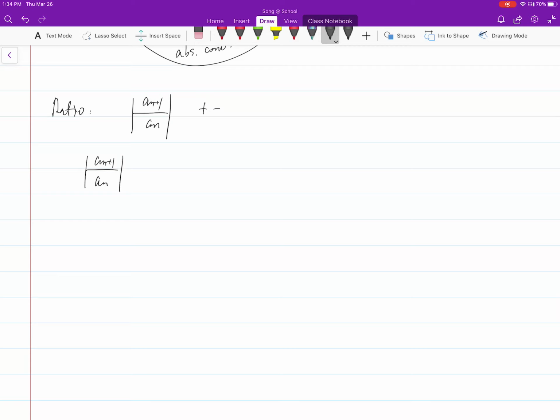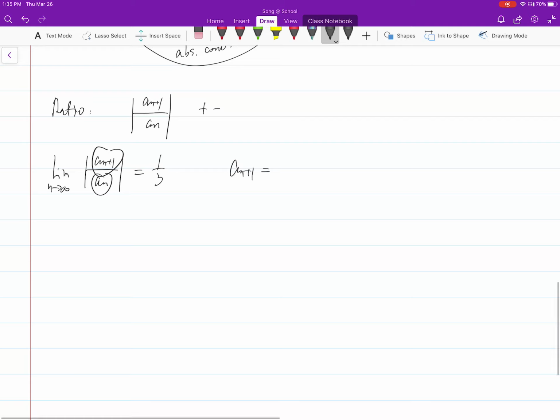Second, the limit as n goes to infinity of a_{n+1} over a_n equals L. Then we say it's convergent or divergent, depending on whether L is less than 1 or bigger than 1. Let's take L to be 1/3, as in one example. What does it mean that a_{n+1} divided by a_n is 1/3?